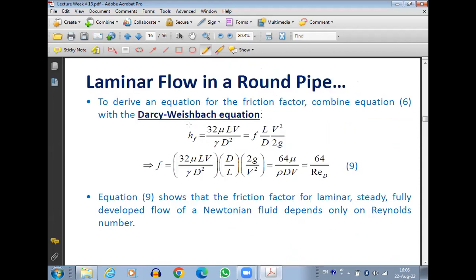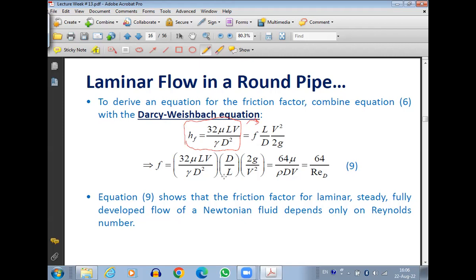Now, for the case of Hagen-Poiseuille's flow, when we apply it for the laminar flow in a round pipe, the head loss formula comes out to be 32 mu LV over gamma D square, and this can be written in the form of the Darcy-Weisbach equation.